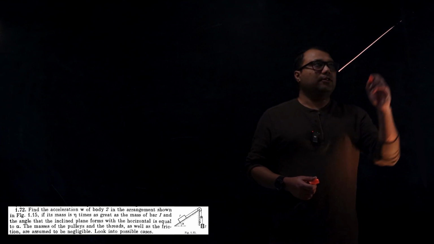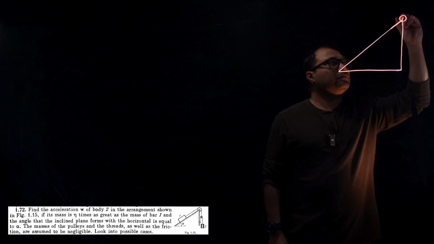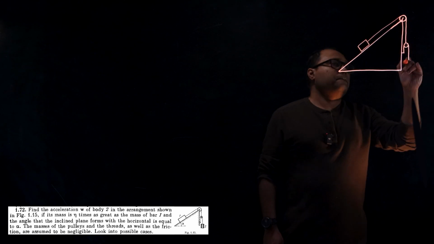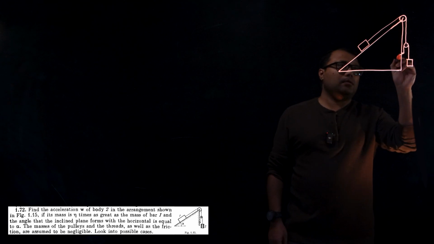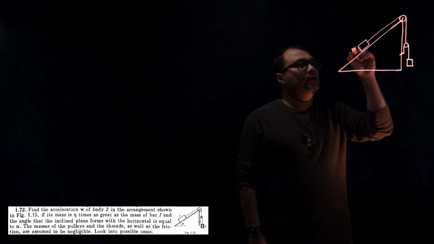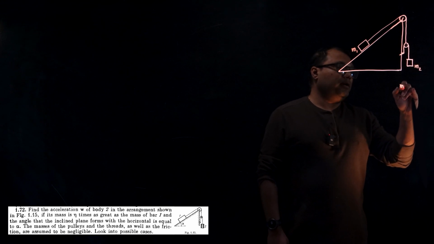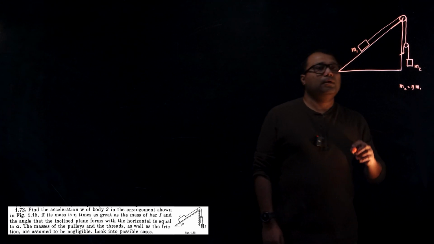So let's draw the diagram first. Let's say this is M1, this is M2. It's given that M2 is eta times M1.